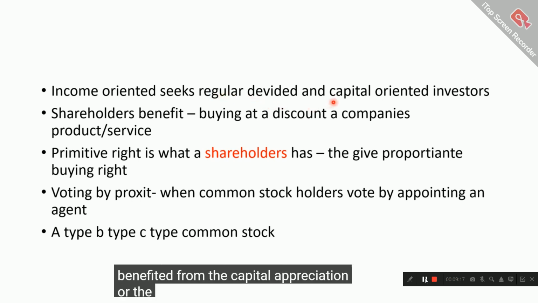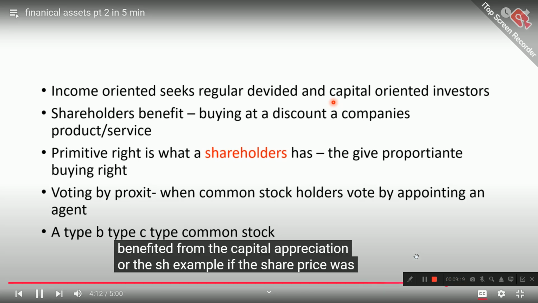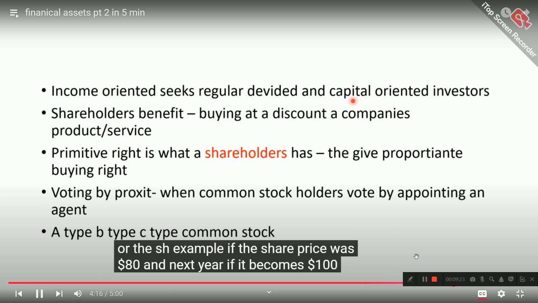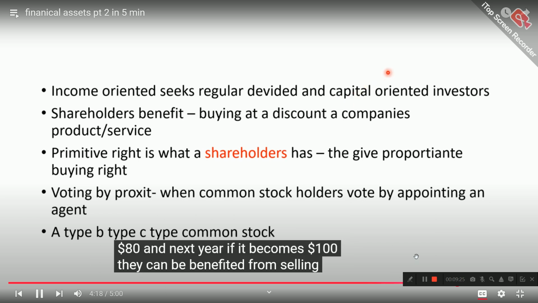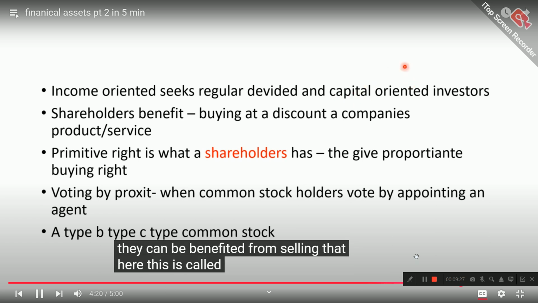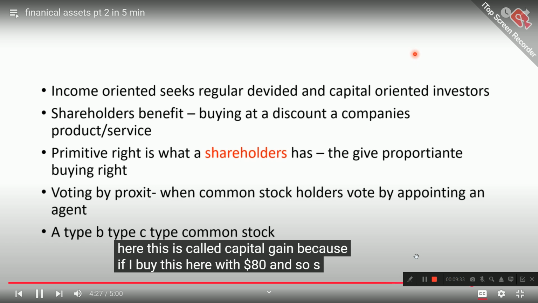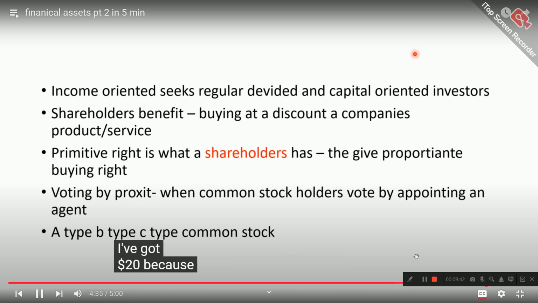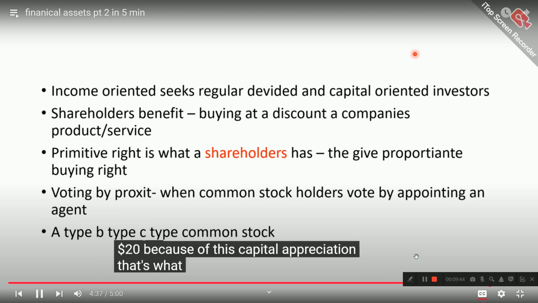For example, if the share price was $80 and next year it becomes $100, they can benefit from selling that share. If I buy this share at $80 and sell it at $100 in the secondary market, I get $20 because of this capital appreciation. That's called a capital gain.